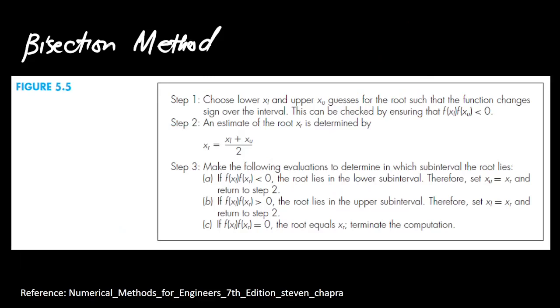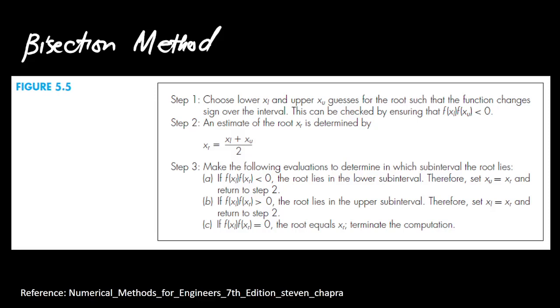So there is a standard step on how to solve for the root of the equation. First and foremost, you have to choose your lower and your upper guess. It's kind of safe if you have a graphical presentation, because at least you have an accurate guess that if your bracket is within that, there is a root.